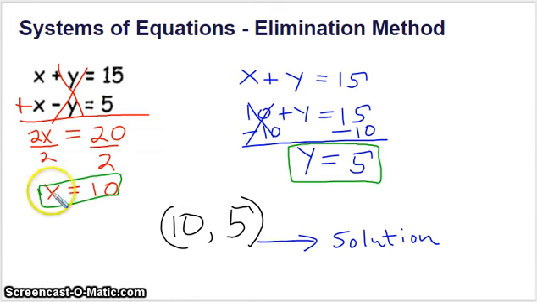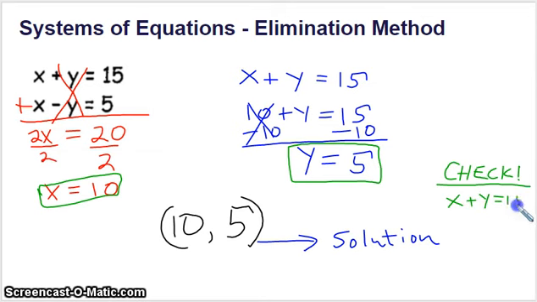Of course, I almost forgot. Doing a check always makes sense. Of course, we could at least plug it into one just for good measure and just do a quick check here. So here's our check. Let's just use that top equation, x plus y equals 15.